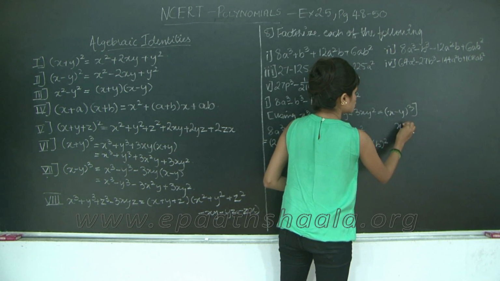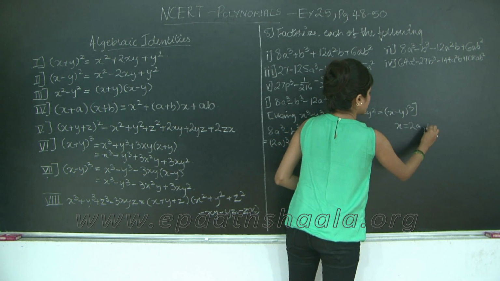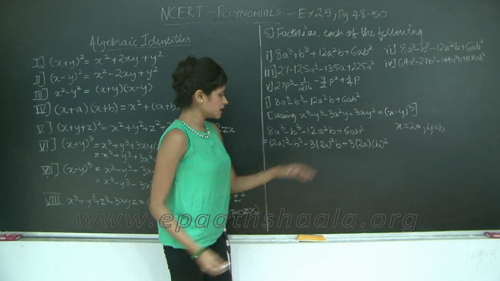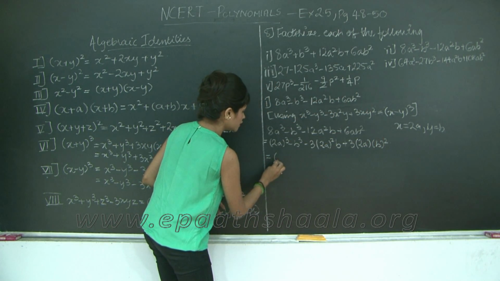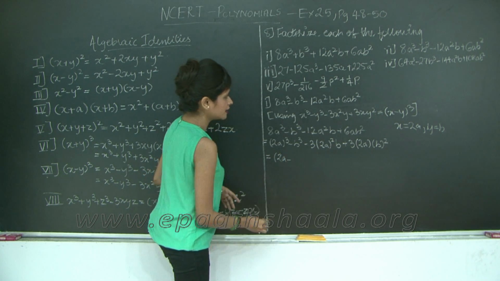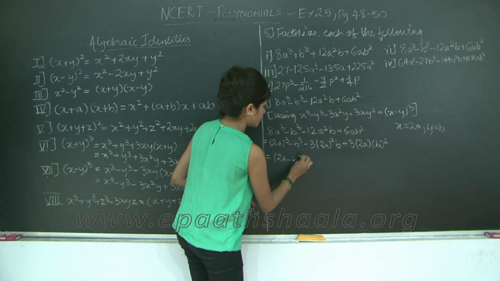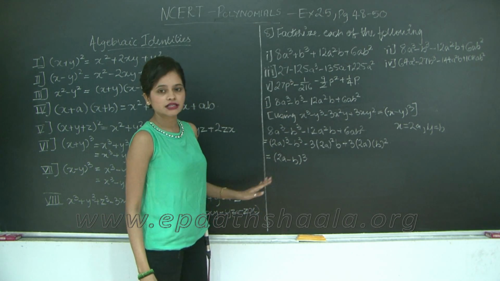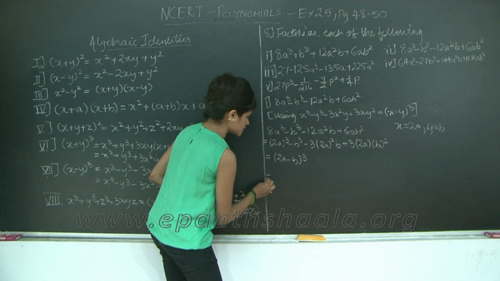My x was 2a and y was equal to b, right? So x minus y the whole cube in this case is going to be 2a minus b the whole cube, right? Now I am going to rewrite this answer into question answer format for my examiner to notice it.